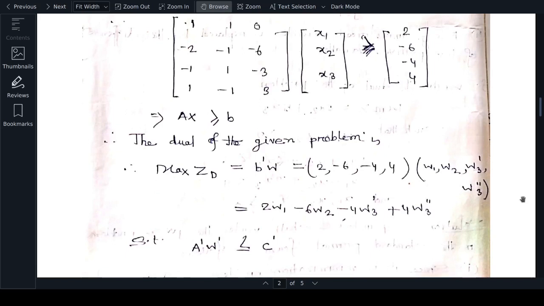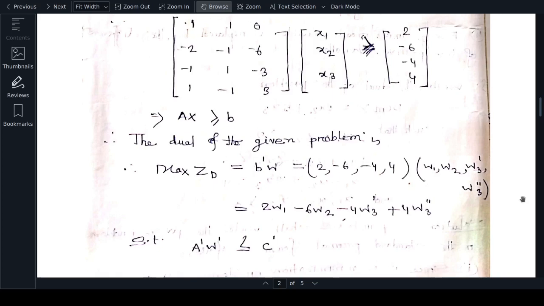So this will be the coefficients of the objective function: 2, minus 6, minus 4, 4. Then here we write w1, w2, then w3 dash and w3 double dash.